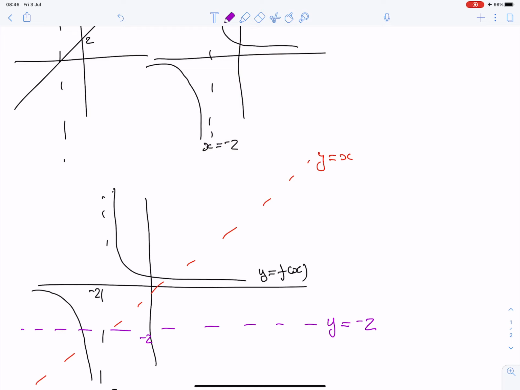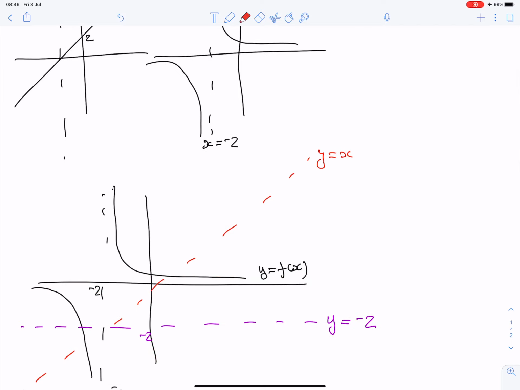Okay, so it's going to be coming down, and the other asymptote that we could see was here. So that will get reflected to be an asymptote on the y-axis. So this, our x-axis, which is an asymptote for f of x, gets reflected and becomes the y-axis as an asymptote as well.